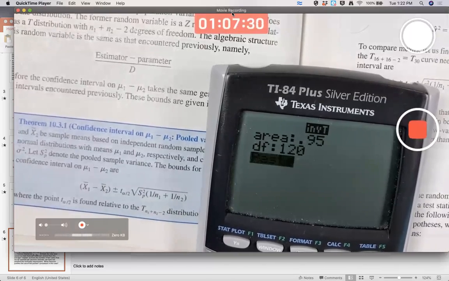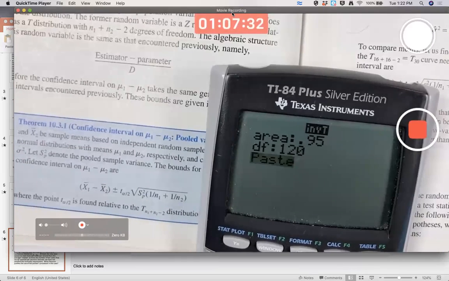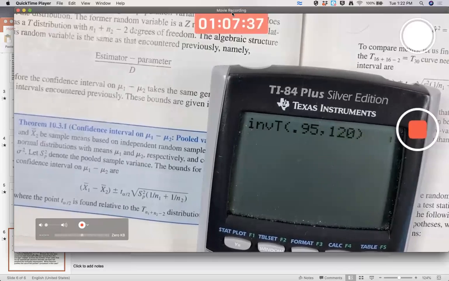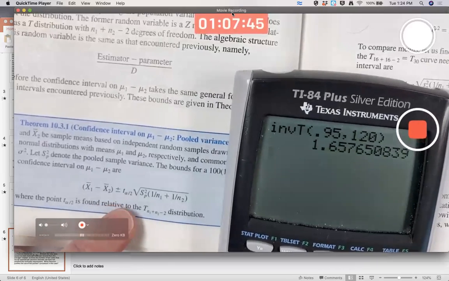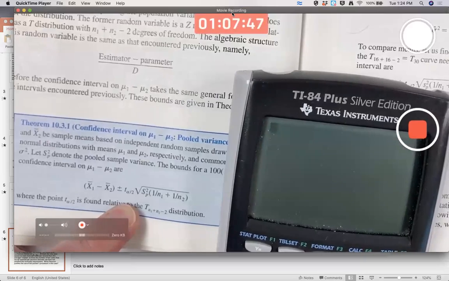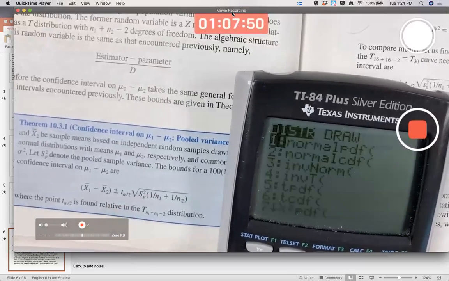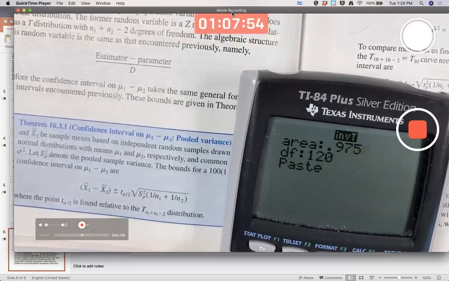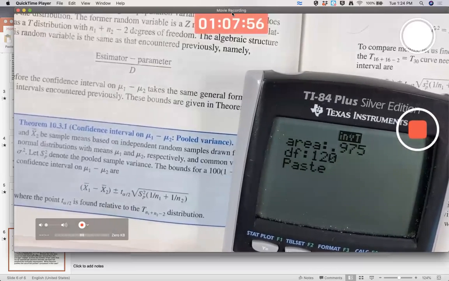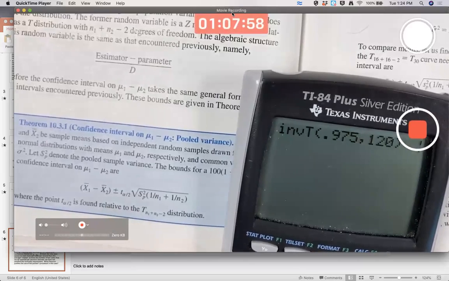This should be close to 1.96, maybe a bit bigger, maybe 1.97. No, I'm wrong. Oh, that's okay. Yeah, that's for alpha equals 0.1. I forgot to divide alpha by 2. So let me do it again. If alpha is 0.05, then use 0.975 here. This should be a little bit bigger than 1.96. Yeah, 1.98.